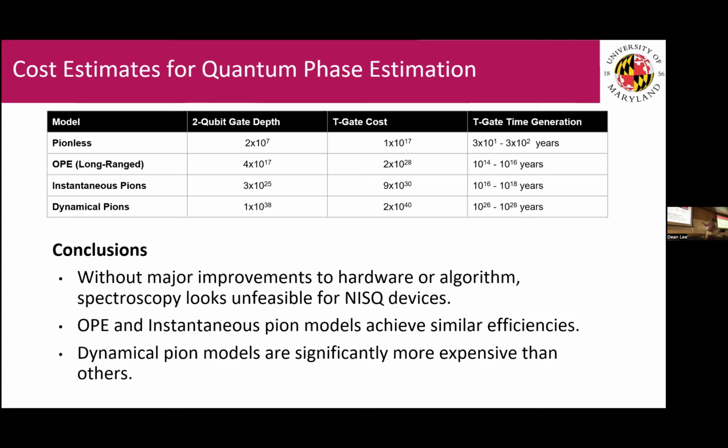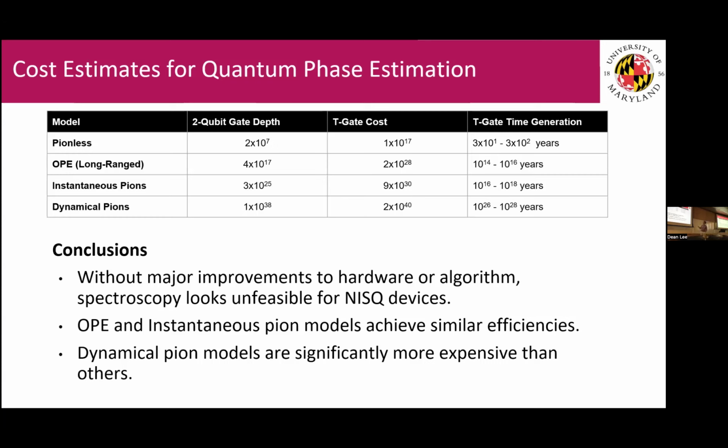I'd also add that while this isn't a totally pessimistic estimate, it's probably been improved on already since the paper that I used to characterize this came out. Particularly for these two interactions down here, the one-pion-exchange and the pionless, I think you're definitely capable of bringing these costs down to something less than 10 to the 10, if you work really hard. Maybe less optimistic on the one-pion-exchange.